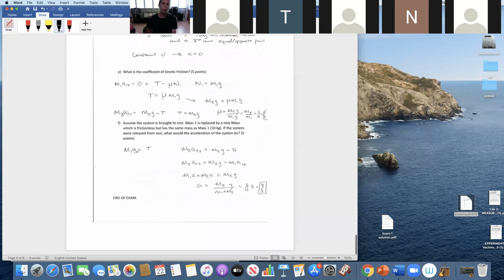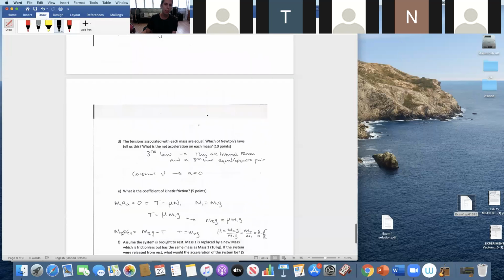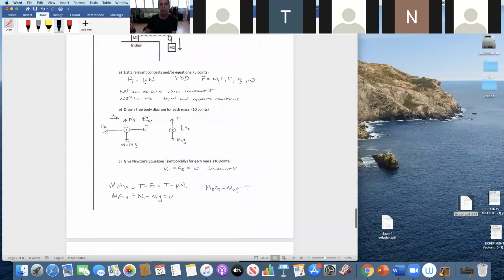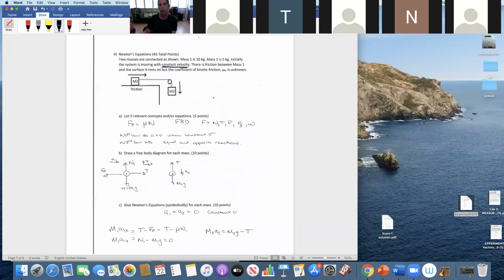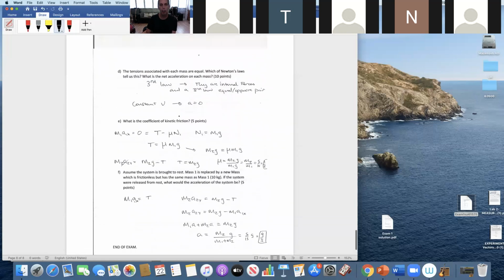The final question is, what if we got rid of mass 1, the one on the friction surface, and put one that was frictionless? And I want to know what the acceleration would be if that were the case. So I want you to solve this if there were no friction.